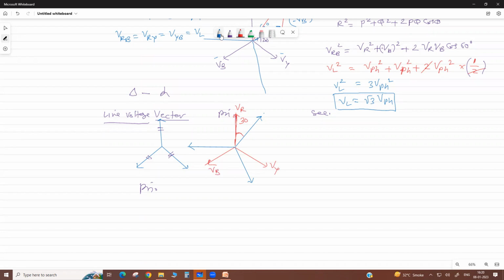Now we calculate the line voltage. So these line voltages are this. Finally we have this one. It means with respect to this phasor, it is 30° lagging this voltage.